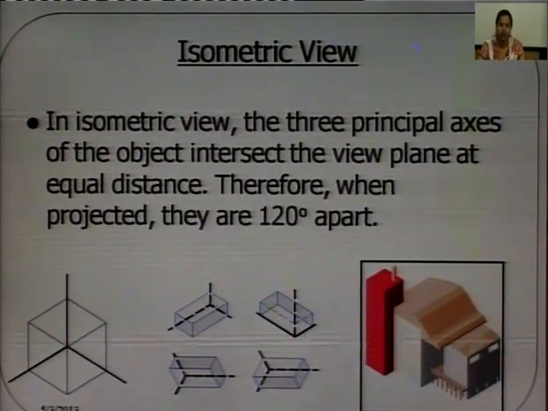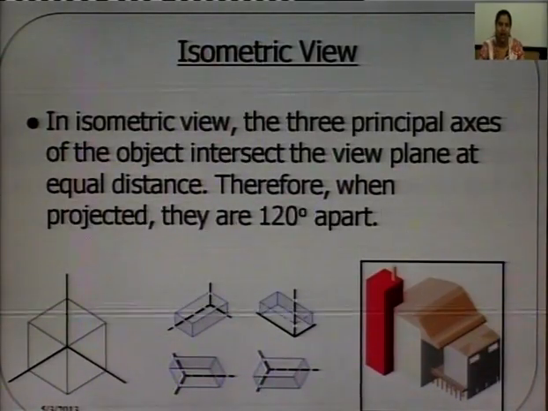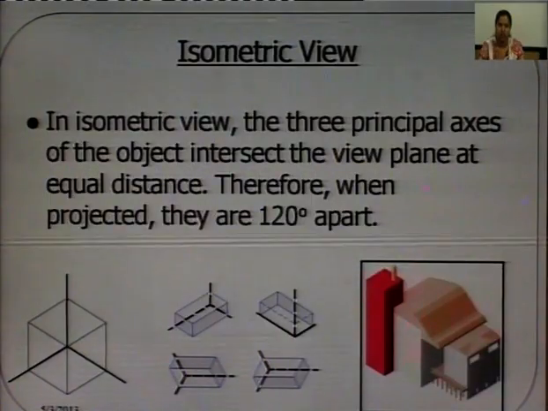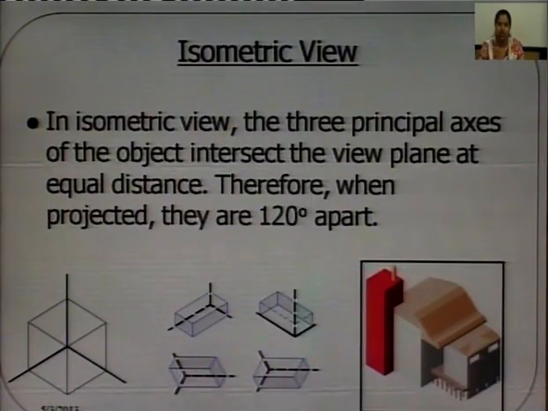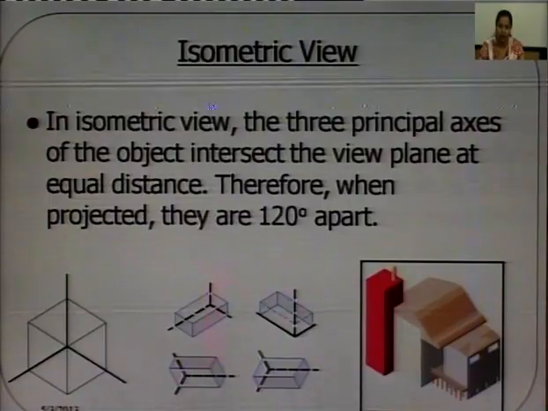Next comes the isometric view. In the isometric view, the three principal axes of the object intersect the view plane at equal distance. Therefore, when projected, they are 120 degrees apart.